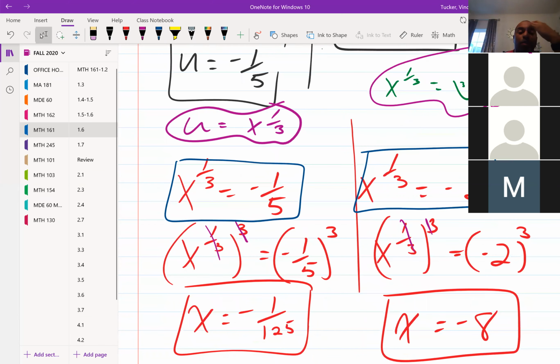Negative 1/5 cubed is negative 1 over 125, and negative 2 cubed is negative 8. Those are your two solutions.